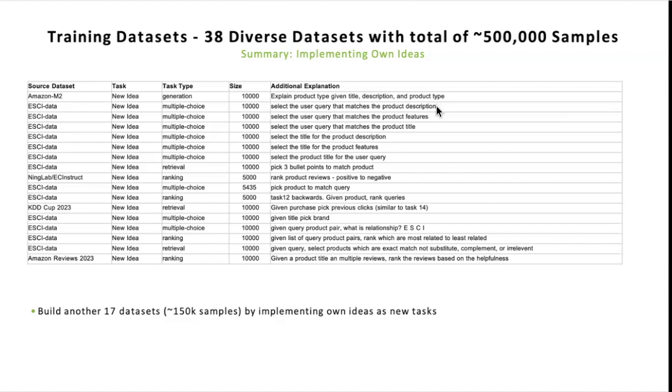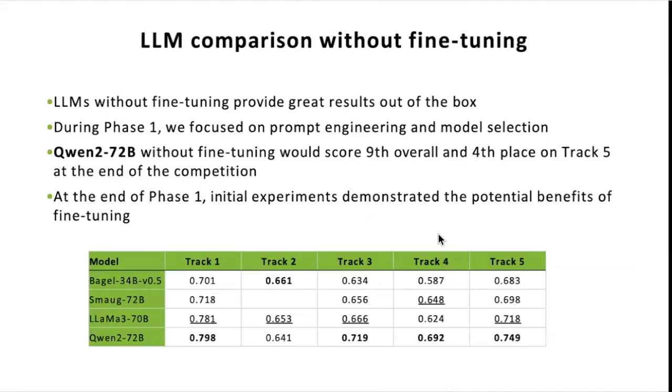I think these tasks all make sense under the online shopping background. They are all valid tasks, like picking three bullet points to match the product, etc. So basically, they even diversified the dataset by building another 17 datasets, about 150K samples, by exploring additional tasks beyond the few examples provided by the competition host.